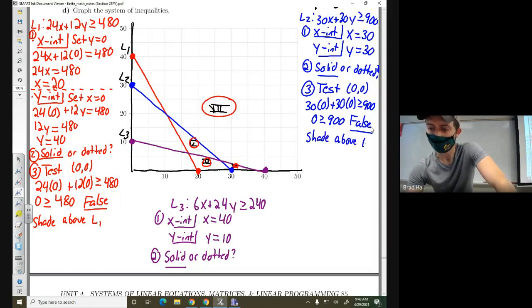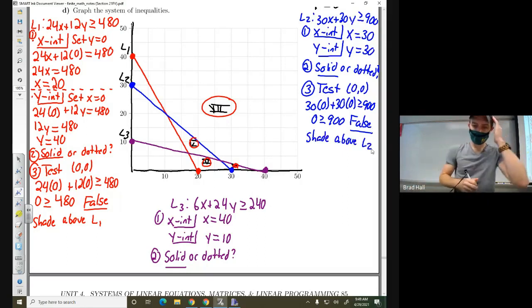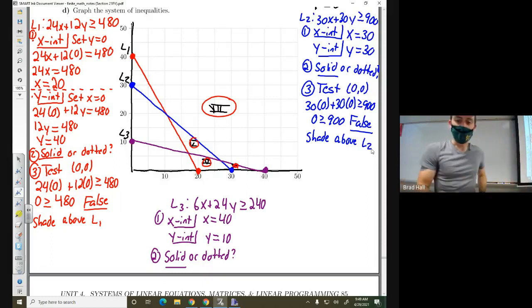Now what that does is that keeps this region here and this tiny region down here, and gets rid of those two because those two are under the second line.